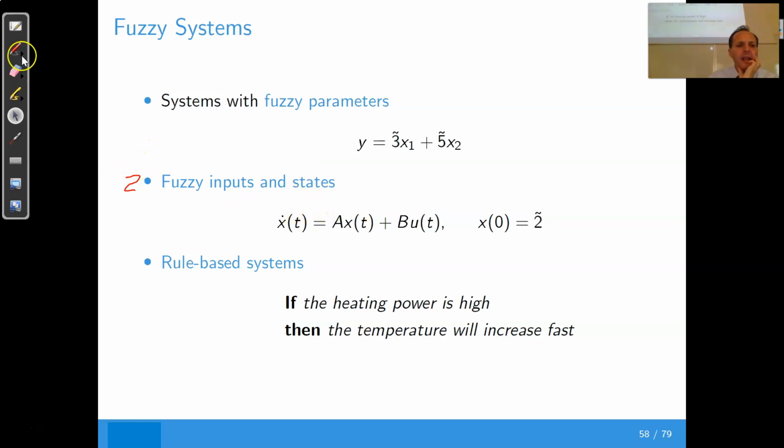In this special case, the input and the states are fuzzy sets, and as you can see here, the state is a fuzzy number.